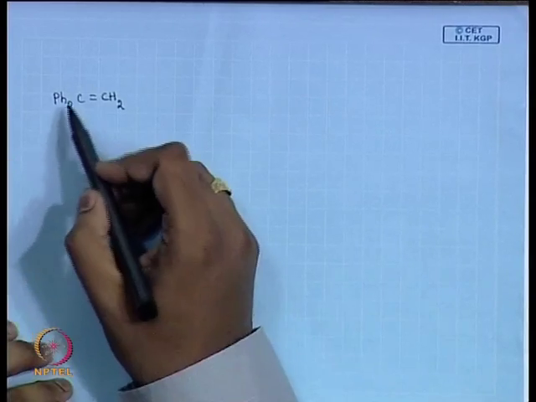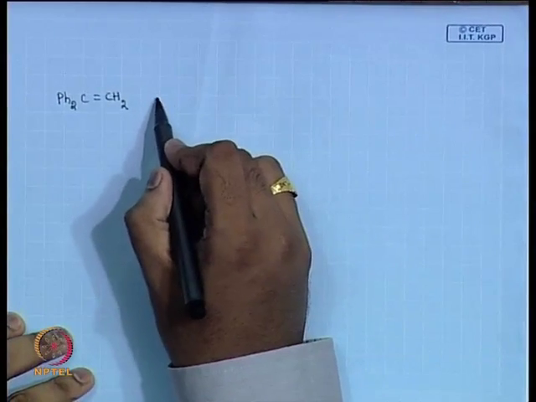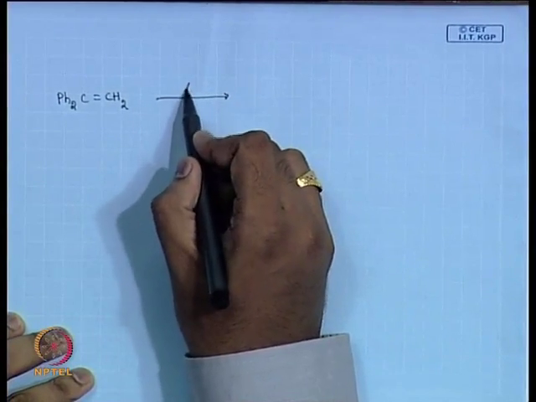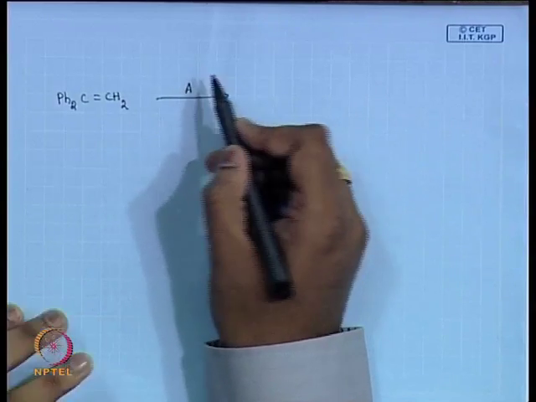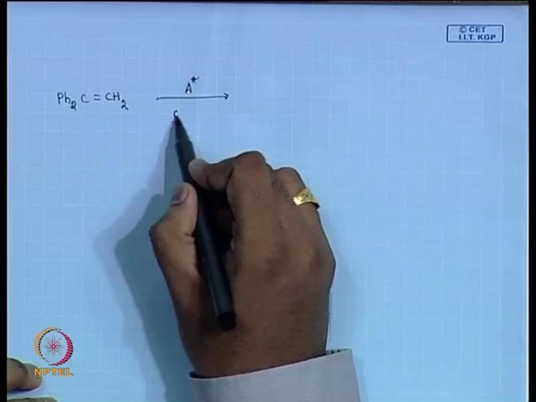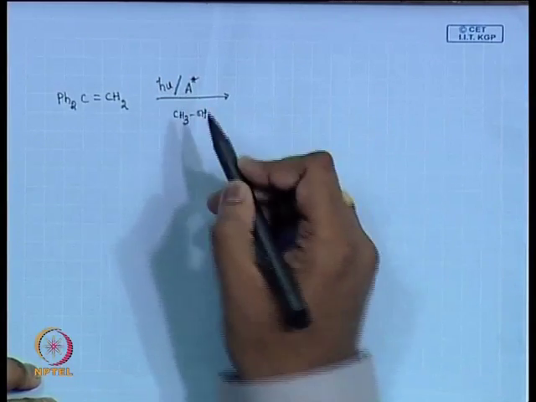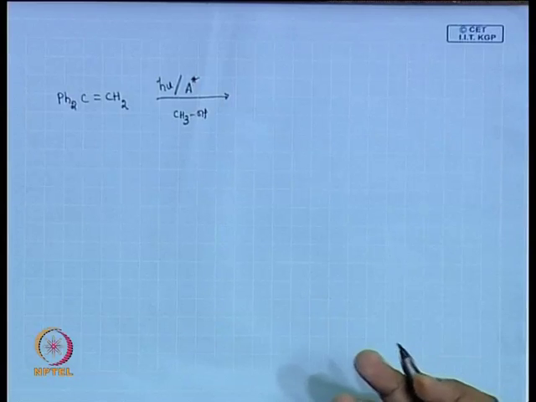Ph2C=CH2, phenyl. See, if I do this chemistry in the presence of an acceptor, in methanol, your acceptor can be 9-cyanoanthracene or whatever it is.